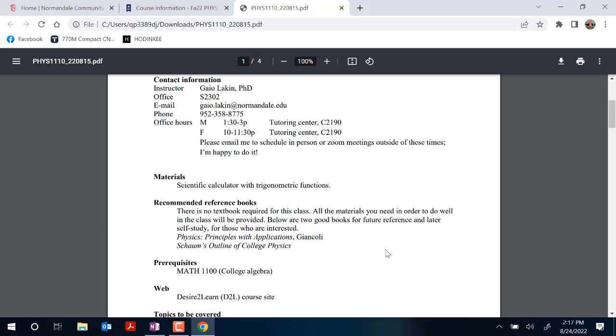The only prerequisite is college algebra. If you haven't taken that, send me an email or come talk to me. In some cases, you can get around that, and I've had people do very well in the class who've only taken regular algebra.